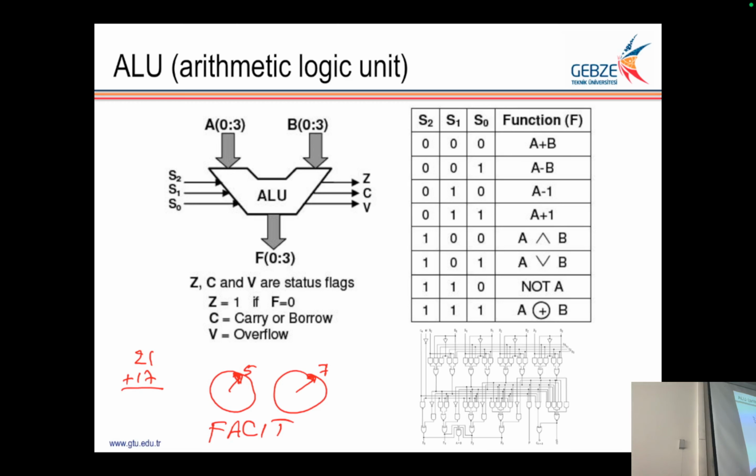If this set of switches shows 1, and this set of switches shows 7, the light bulb 8 can be lit as the answer. Similarly, 2 plus 1 can be wired to light the lamp at location 3 in decimal.